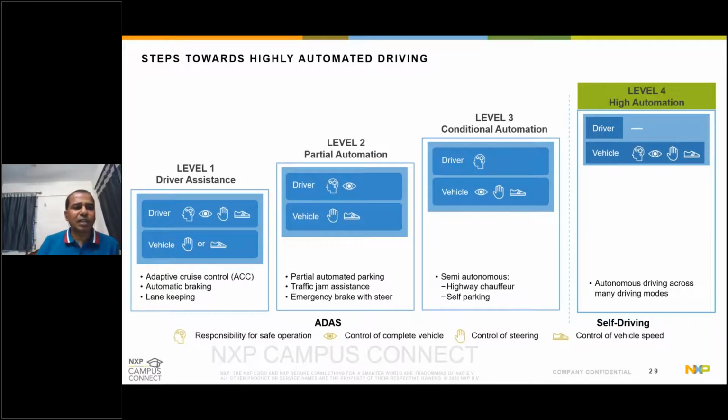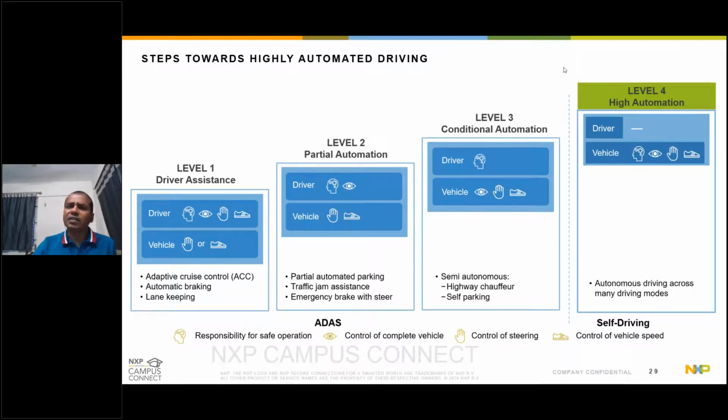Here, if you see, in level 1, the driver needs to assist a lot, and most of the functionality is done by the driver, and very little is done by the vehicle. And as you move one level after the other, in level 4, the vehicle itself takes its own decisions, and there is no need for human intervention.